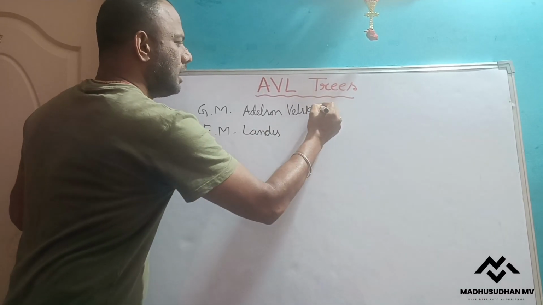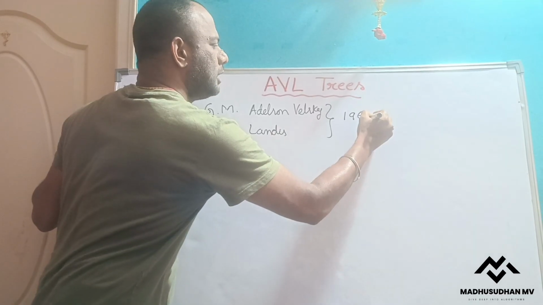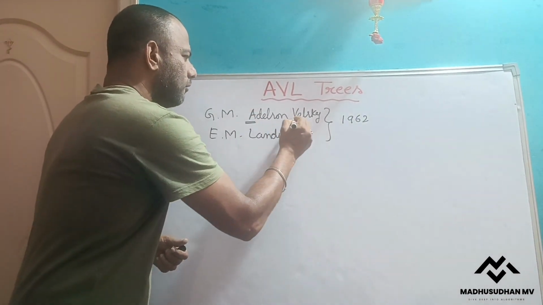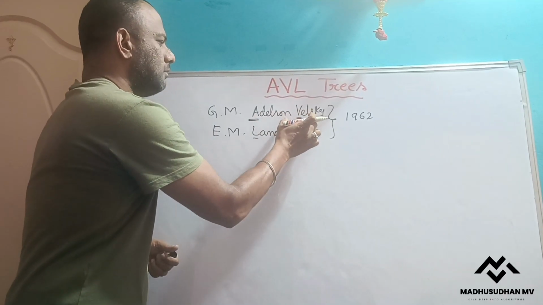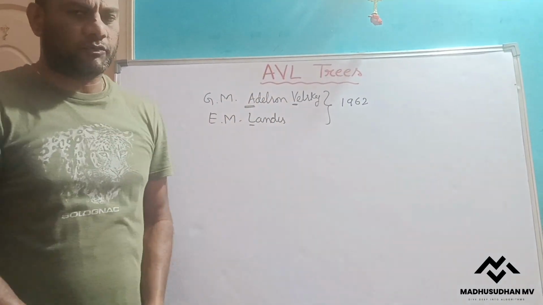They invented these AVL trees in 1962. Hence, they named the tree AVL, the Adelson-Velsky Landis tree. This is just for information.